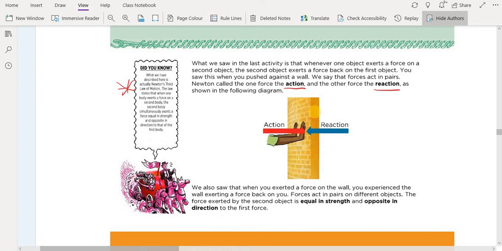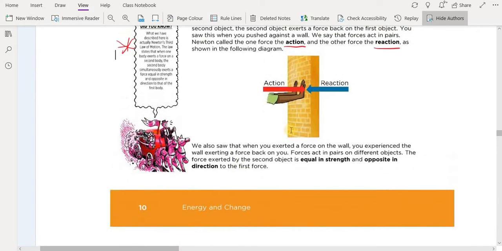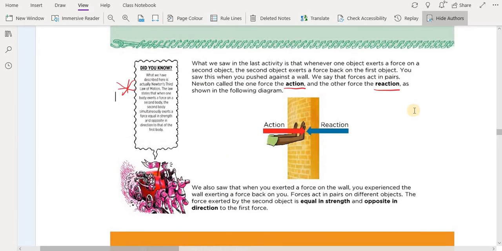And this is one of the definitions I asked you to look at. That's on page 10. When you push up against a wall, as you have in this instance, that's called the action. The wall pushes back on you, it's called the reaction. So for every action, there's an equal and opposite reaction.